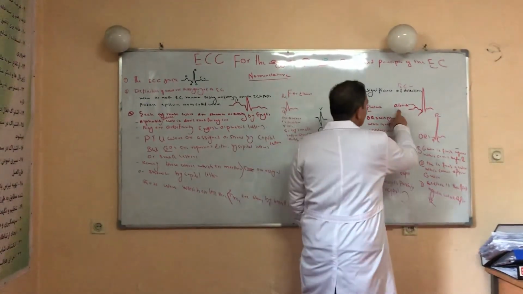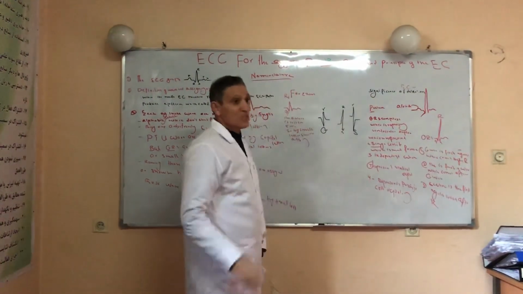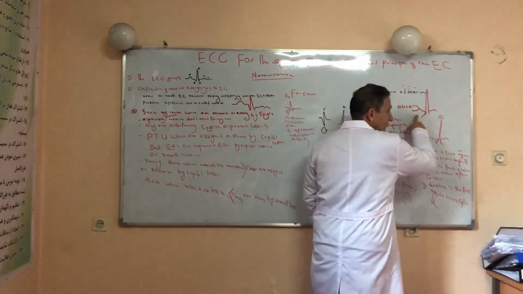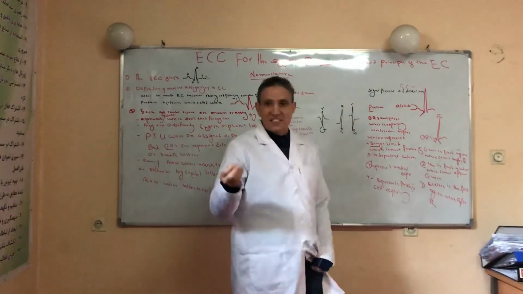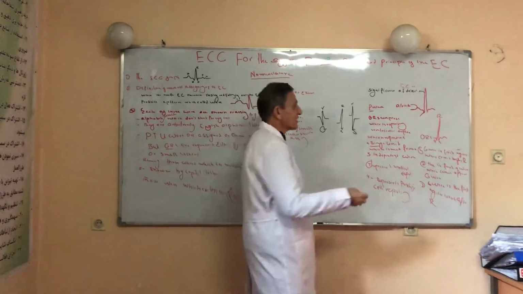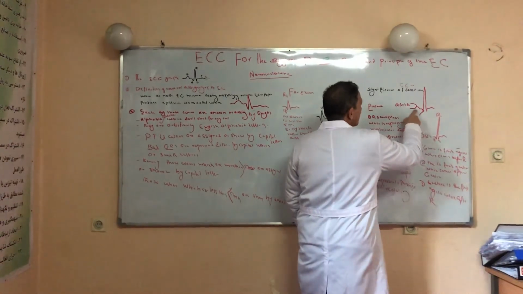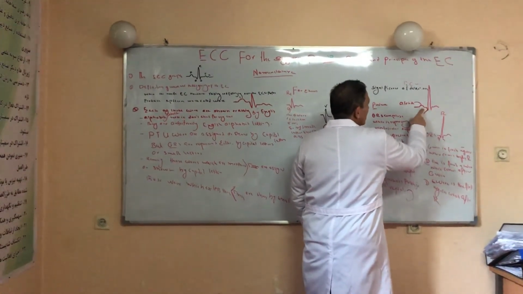And after the atrial, what does the QRS complex represent? Ventricular depolarization. In fact, it is three separate waves, but all of them are described as a single unit. So the QRS complex is a single unit, and after atrial depolarization we see the Q wave.